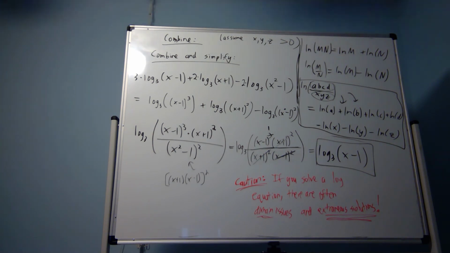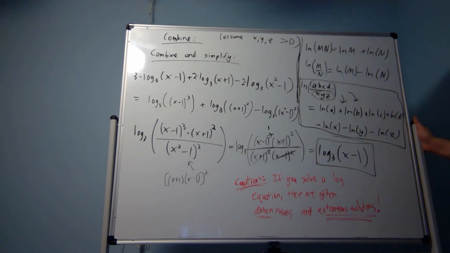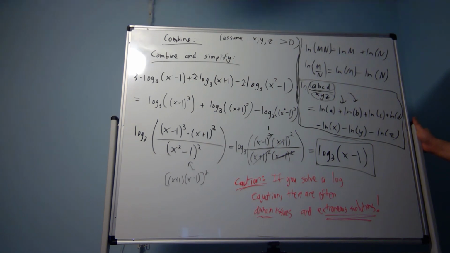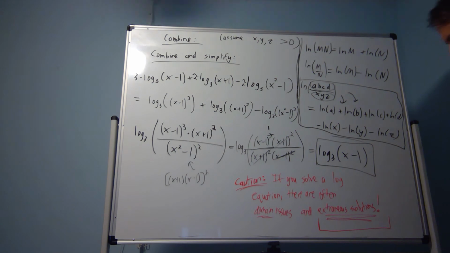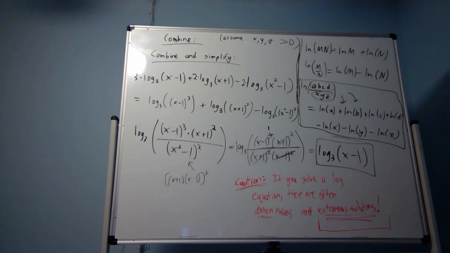If instead of just simplifying one expression, you have two expressions that are set equal to each other and you have to solve for x, you do all these manipulations, you might be canceling two negatives. So sometimes the final expression is well defined, but the original expression was not well defined. So you get those extraneous solutions. You did a perfectly good method. It's just that some of the solutions actually work and some of them you throw out, and you found everything that could possibly be a solution. Some of them are false, but whatever's left over are the only solutions you were ever going to find.